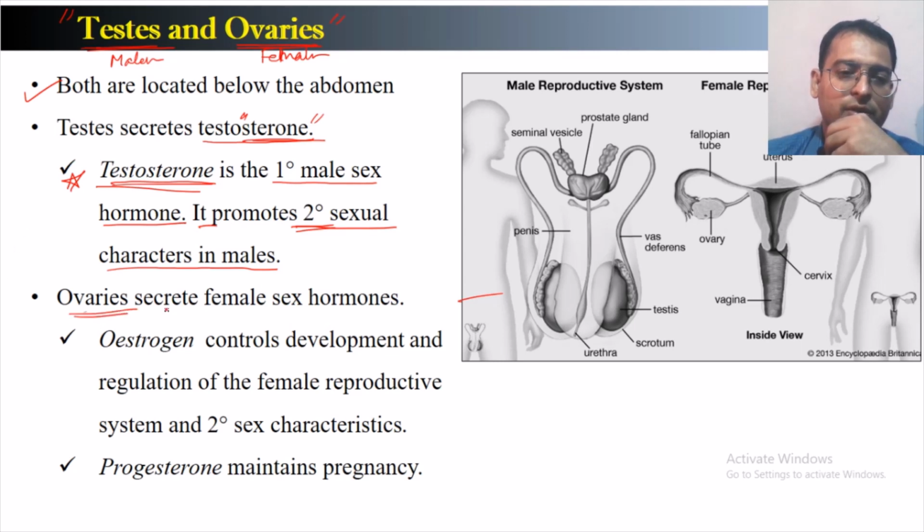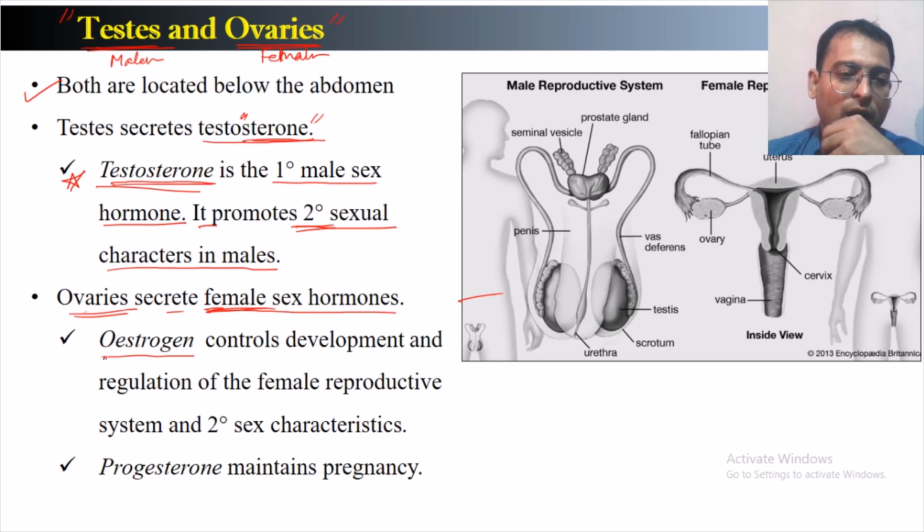Ovaries secrete female sex hormones, which define the female differentiation of the person. What are the female sex hormones? Estrogen.